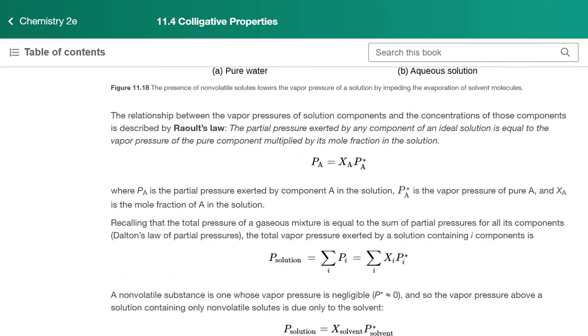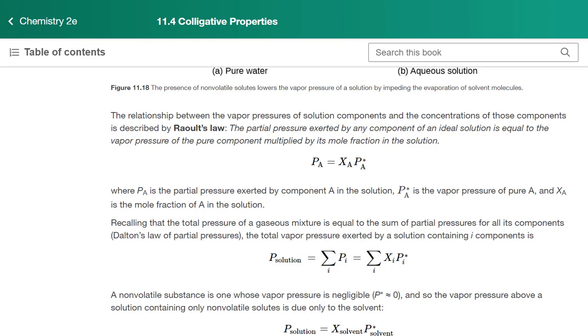So this relationship is called Raoult's law, and it says the partial pressure exerted by any component of an ideal solution is equal to the vapor pressure of the pure component multiplied by its mole fraction in the solution. So essentially, the relationship here is similar to Henry's law.